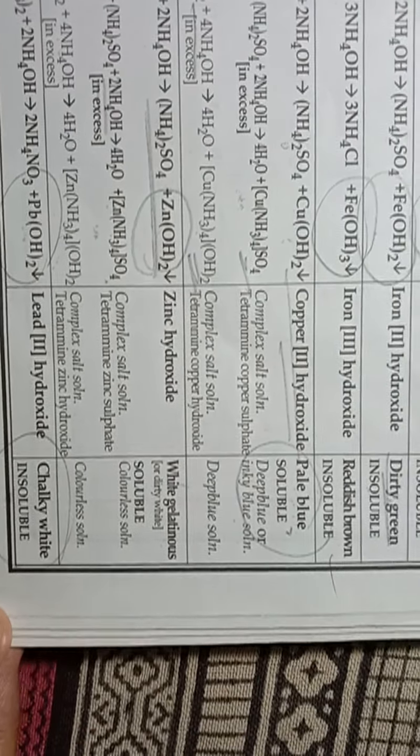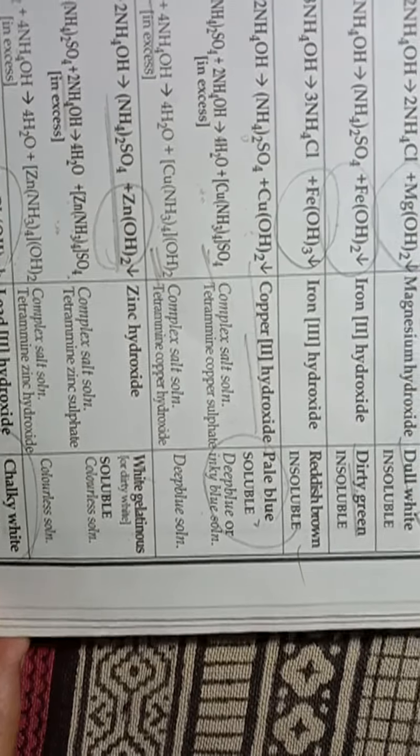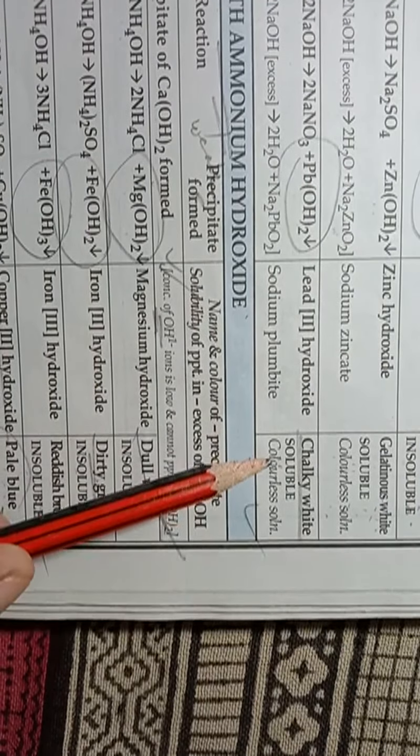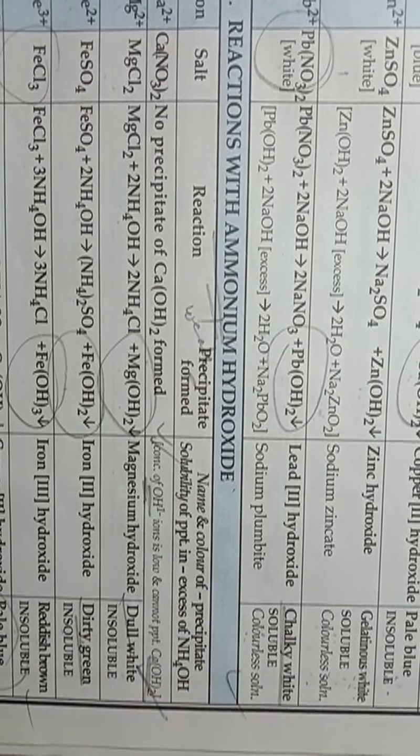So this difference you should keep in mind, that lead hydroxide is insoluble in excess of ammonium hydroxide but soluble in excess of sodium hydroxide. Okay, students, this much in this class. Thank you very much.